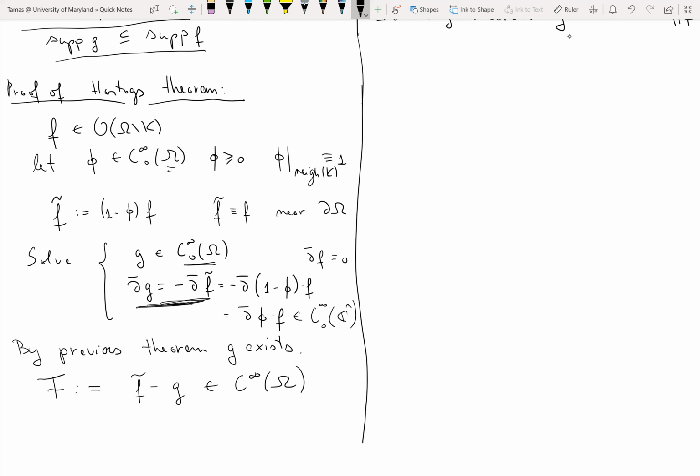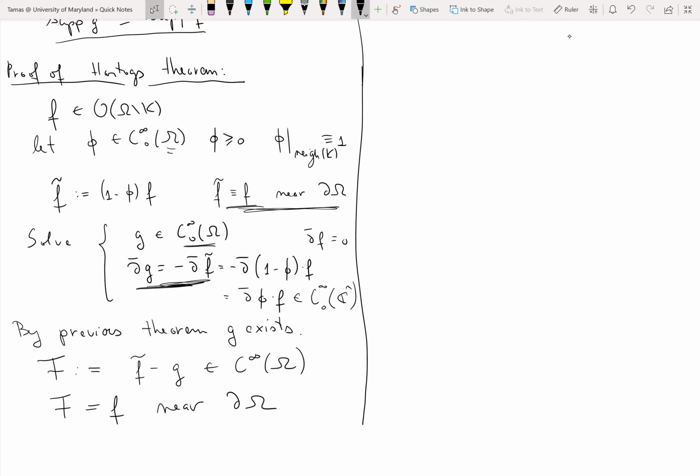Since g is compactly supported in omega and f tilde is equal to f near the boundary of omega, we also get that capital F is equal to small f near the boundary of omega. Moreover, let's check out what Delbar of F is.